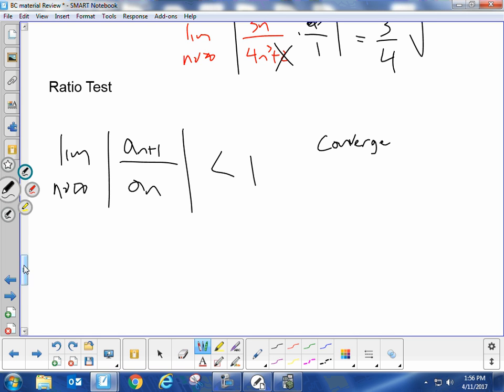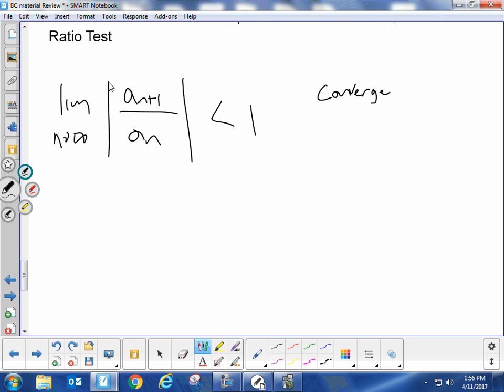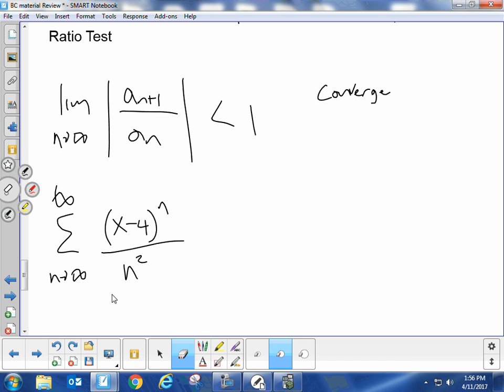This is super important because we can use this for a lot of different series with x's to figure out what values x needs to be for a series to converge. Take the sum of x minus 4 to the n over n squared, as n approaches infinity and starts at 1.